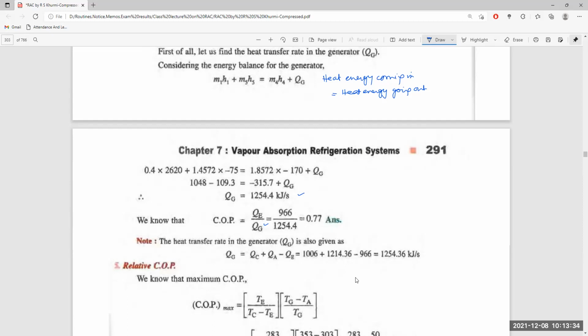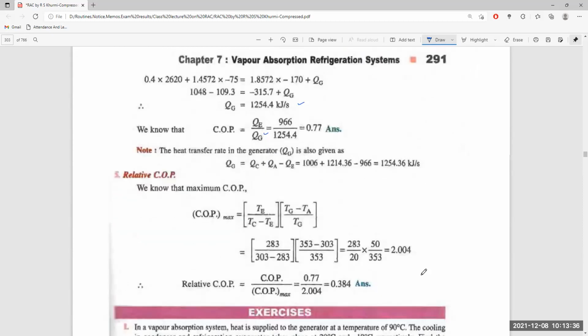Relative COP: we know the maximum COP is given as the temperature at the evaporator divided by the temperature at the compressor minus the temperature at the evaporator, means low temperature divided by high temperature minus low temperature, multiplied by Tg minus Ta, the heat generated minus heat absorbed, divided by heat generated.